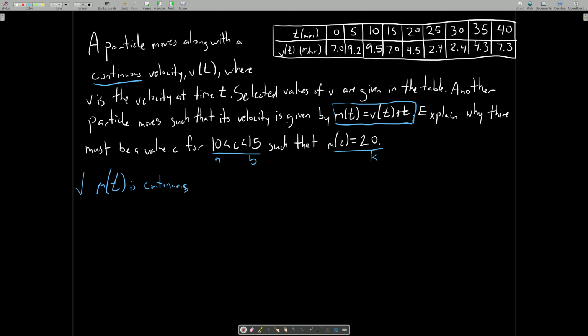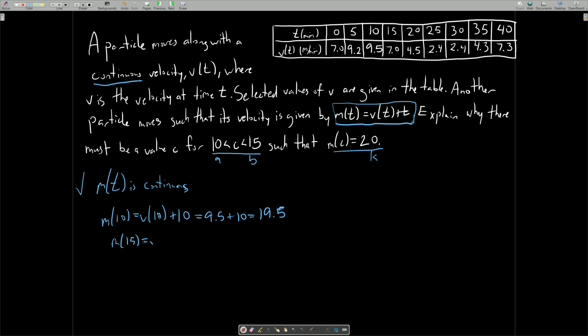Now we need to find your f of a, in this case m of a, and your m of b. So let's do that real quick. M of a, which is 10, equals v of 10 plus 10. In the table, if you look at 10, the value for v of 10 is 9.5. So m of 10 is 19.5. Now let's calculate m of 15.